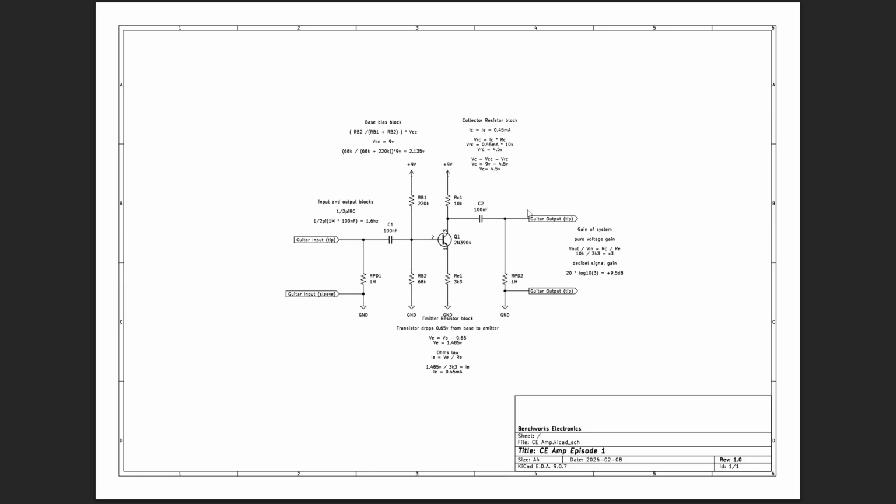So you've got 10,000 divided by 3,300, which gives you a gain of approximately 3. Now that's a voltage multiplier, so if you put 1 volt in, you would get 3 volts out, which is fine for if you're working in electronics, but what is that in terms of sound?